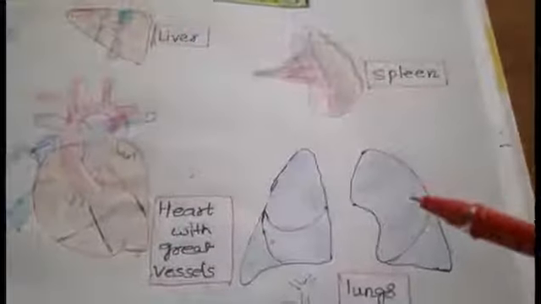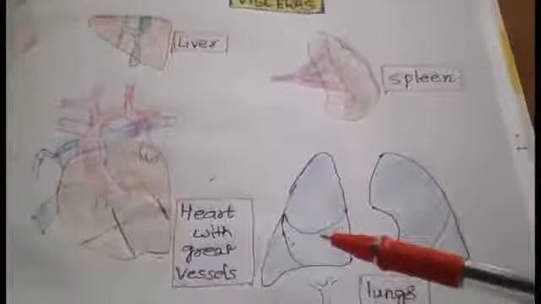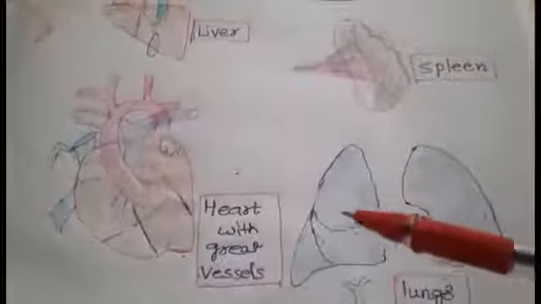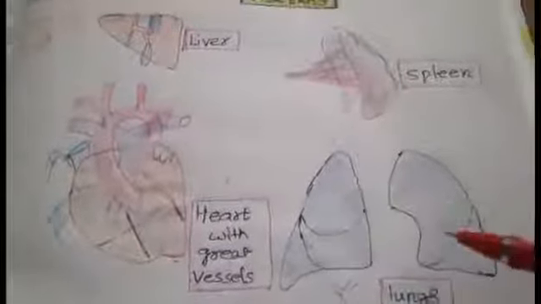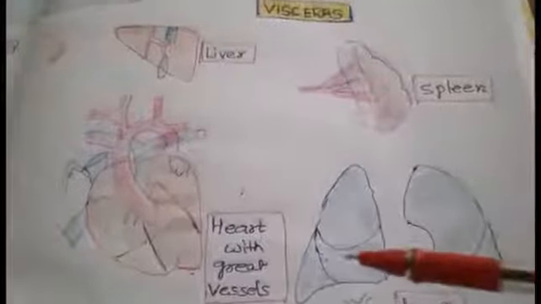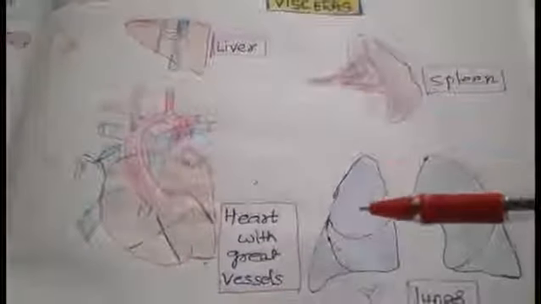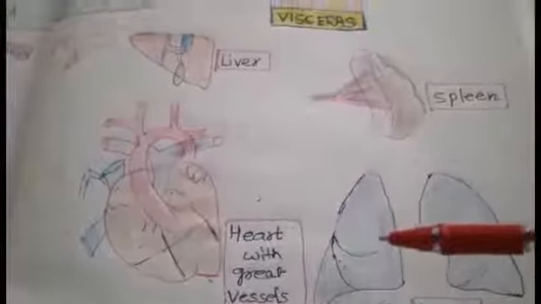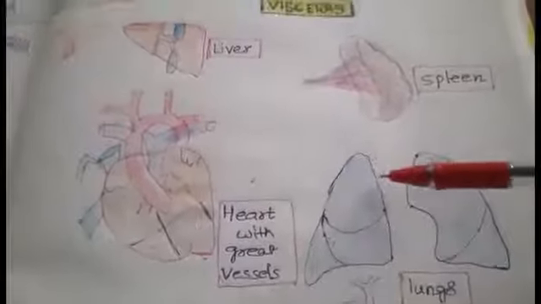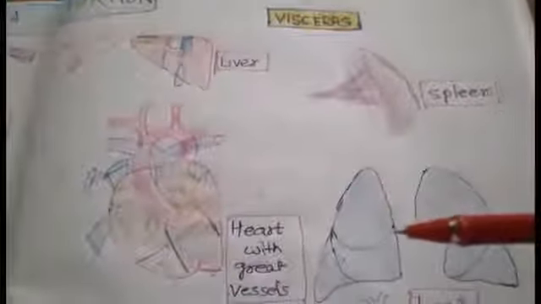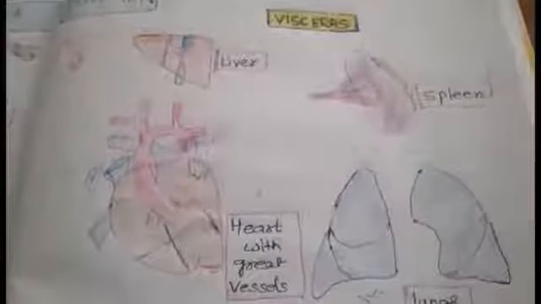Okay. How will you determine the side of lung? About the side determination, you don't have to tell that the right lung has 2 fissure and 3 lobe, and in the left lung there is 1 fissure and 2 lobe. No, you have to say that we can't differentiate the right and left lung on the basis of fissure and lobe, because these are variables, and the border and the surfaces will decide its side, whether it is of right side or left side.